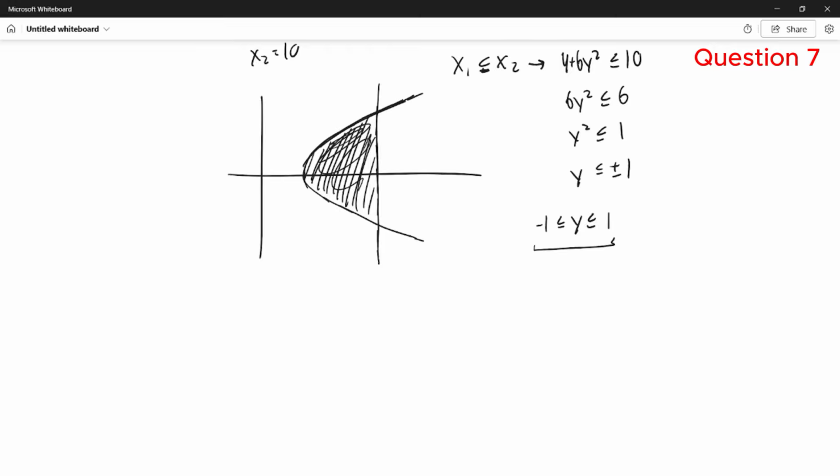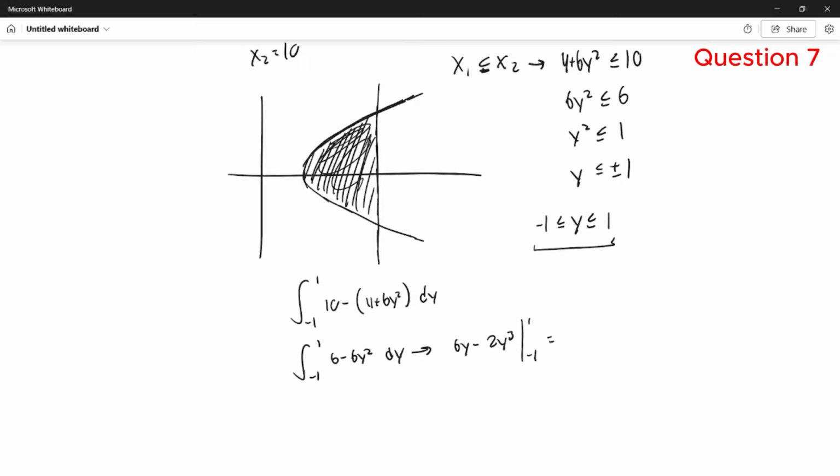So let's do that. We have the integral from negative 1 to 1 of 10 minus, in parentheses, 4 plus 6y squared dy. I do 10 first because it is the bigger function in this case. Then we integrate. Well actually, let's simplify this. That would be the integral of 6 minus 6y squared dy. Now we integrate: 6y minus 2y cubed from 1 to negative 1.